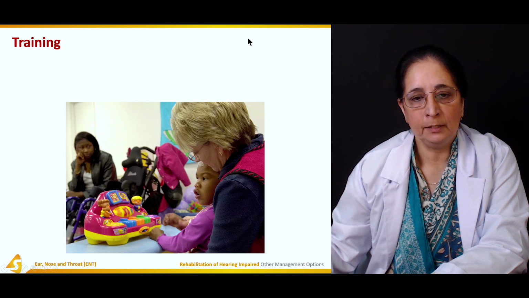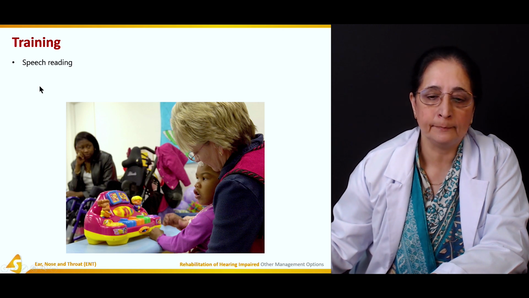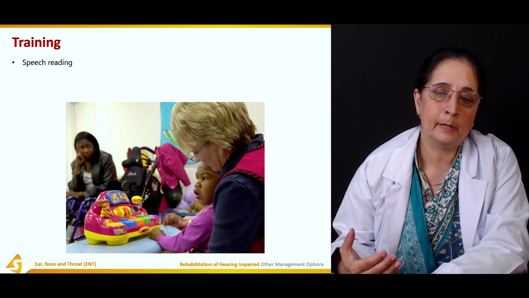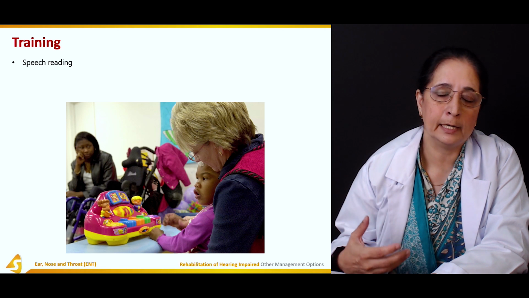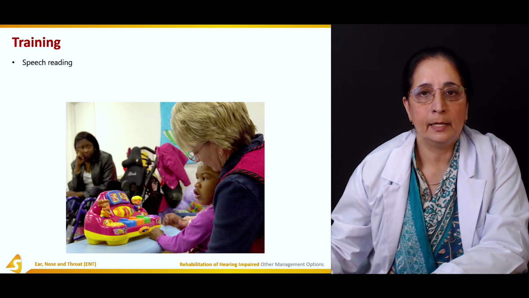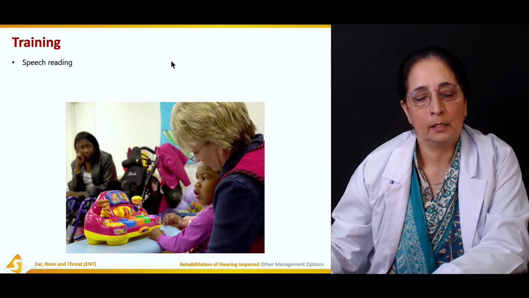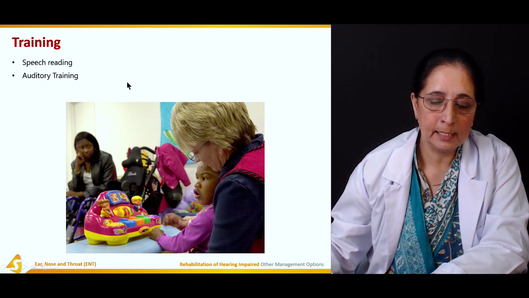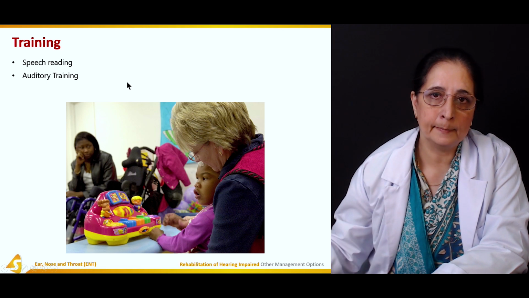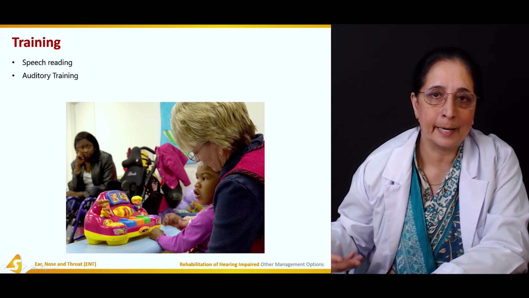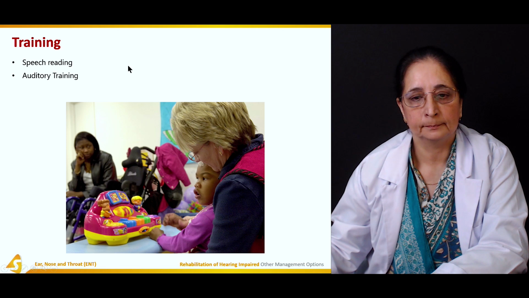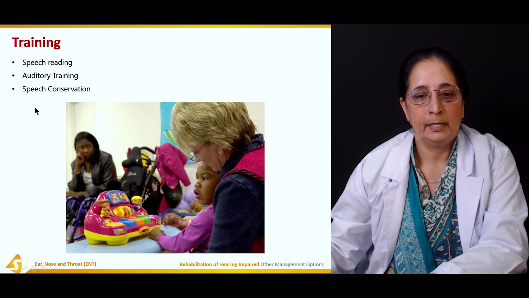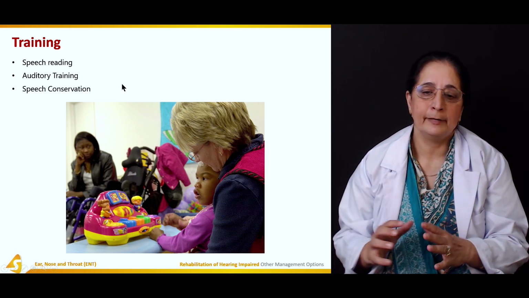Then the training. We have training like speech reading, which is lip reading, so they can read the lips and follow the conversation. Auditory training helps them to listen better. And then we have speech conservation.